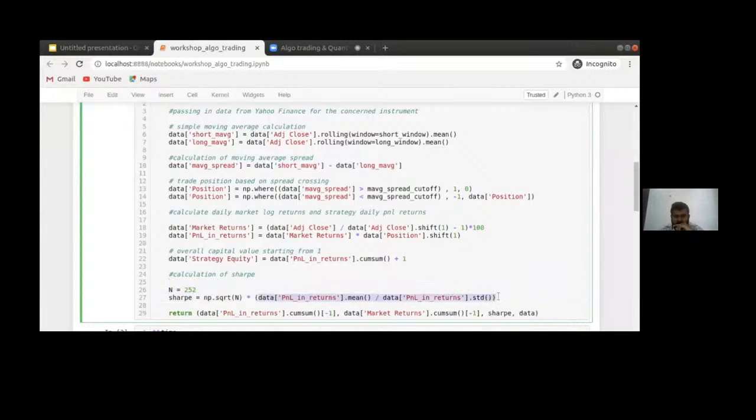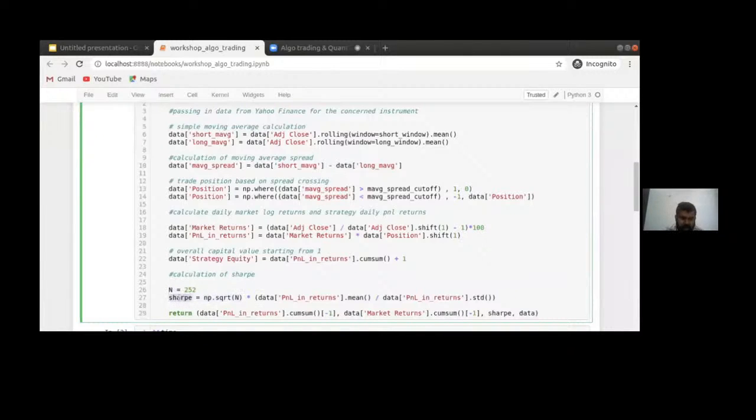Then I've annualized it, which means what the Sharpe ratio would be over the whole year. To annualize it, we multiply it by the square root of 252, which is usually the number of trading days in a calendar year.